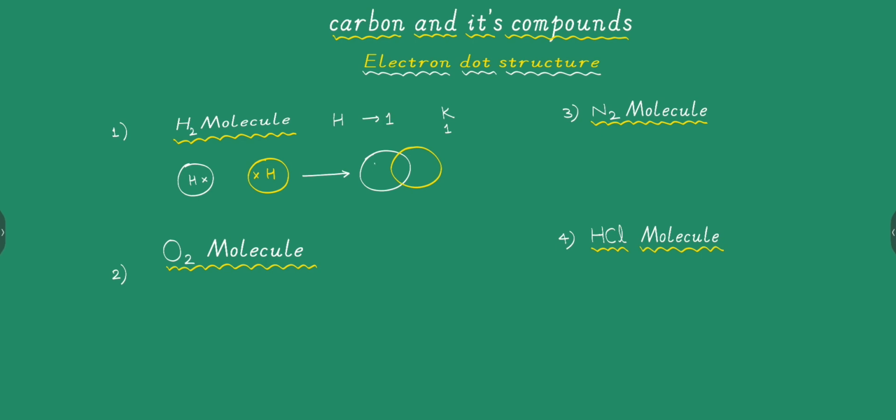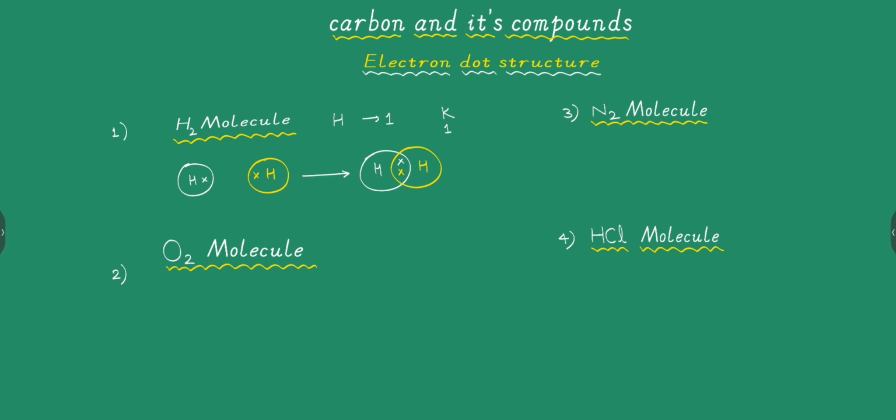Like this, the first hydrogen atom and the second hydrogen atom both give their electrons. Now these two electrons are mutually shared by both the hydrogen atoms.